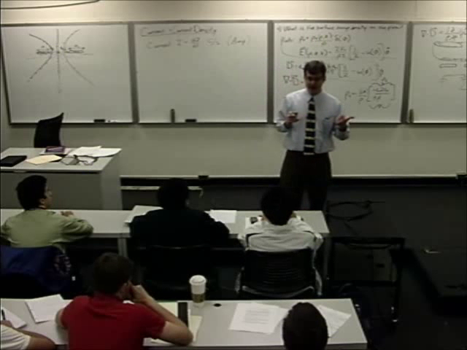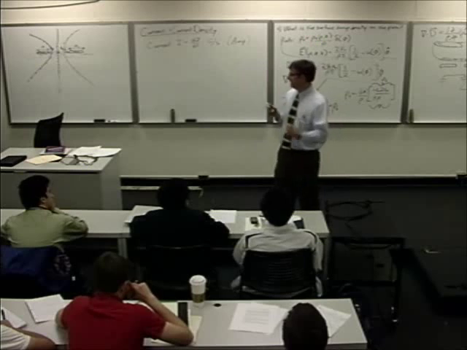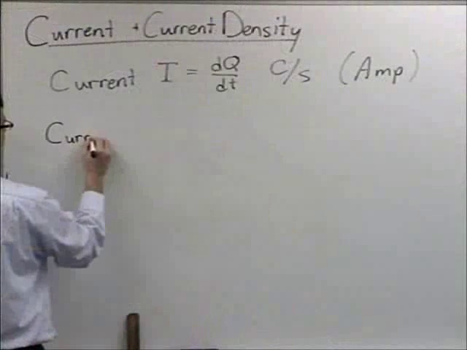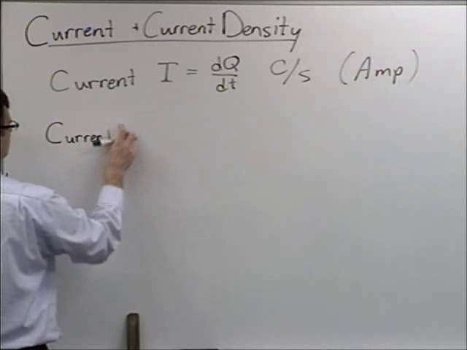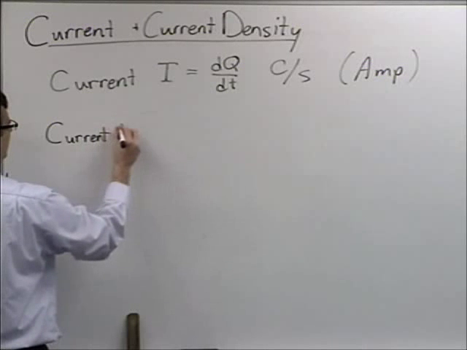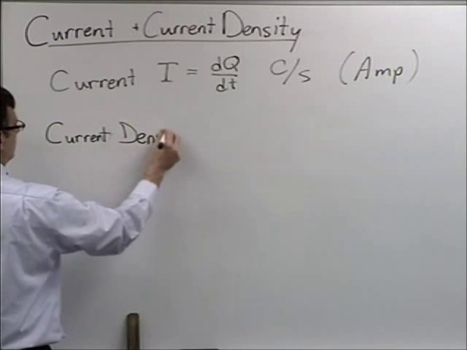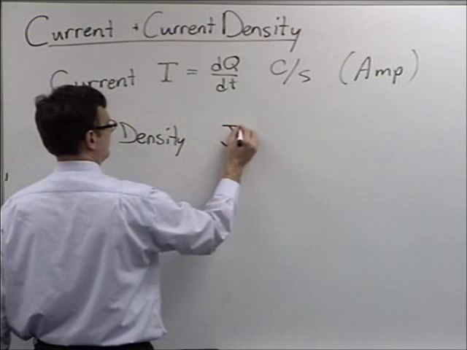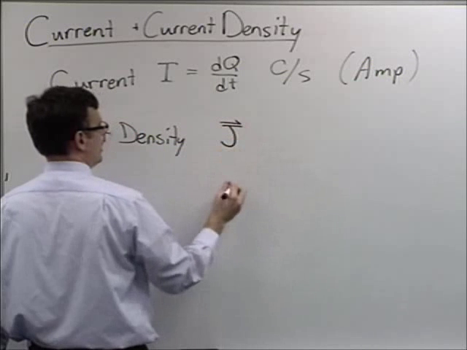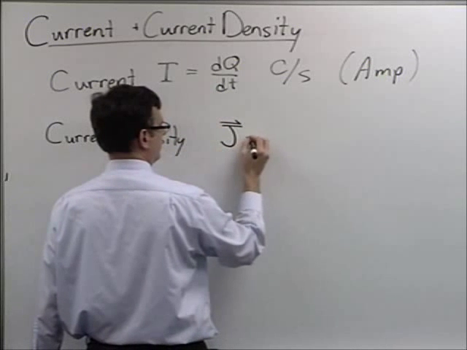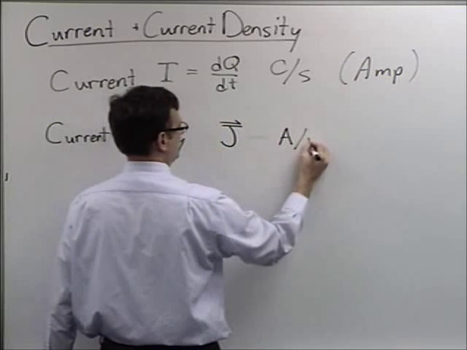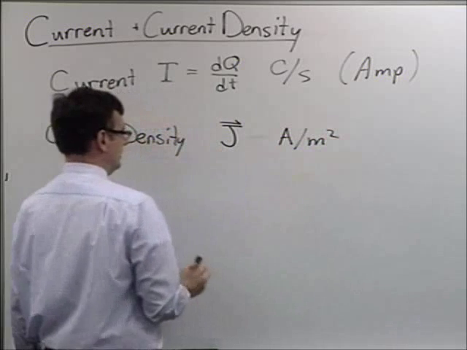You can also have a current density, and some of you may recall that that is J vector and has units of amps per meter squared.